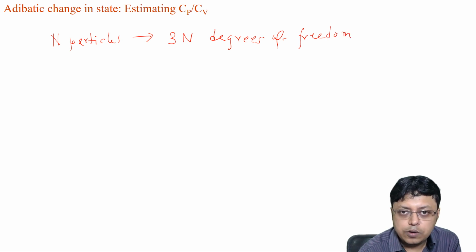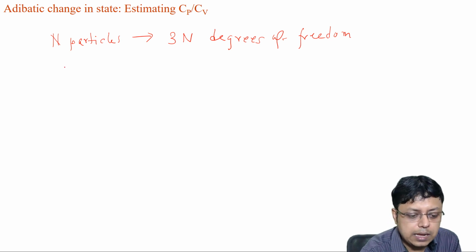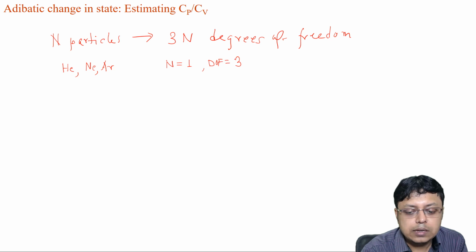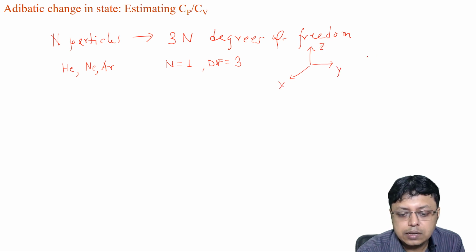What does it mean? For example, take a monatomic ideal gas, or any monatomic gas, say any rare gas like helium, neon, argon, they are all monatomic gases. So n in this case is 1 and the total degree of freedom is 3. These 3 are actually the 3 translational motions along the x, y and z laboratory axes.